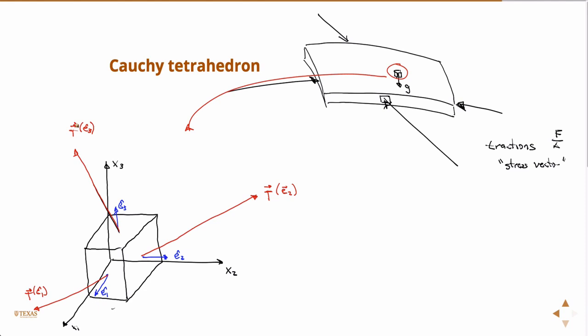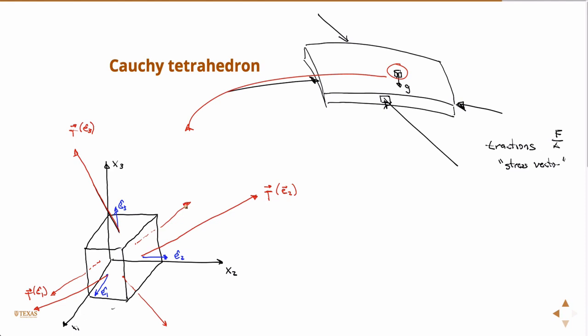So the plot's going to get a little busy here, but back here, there's a force that's equal and opposite to T^E2. Down here, there's a force that's equal and opposite to T^E3. And back here, there's a force that's equal and opposite to T^E1. Okay?